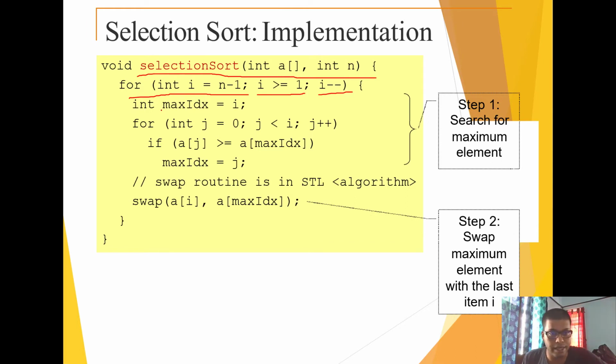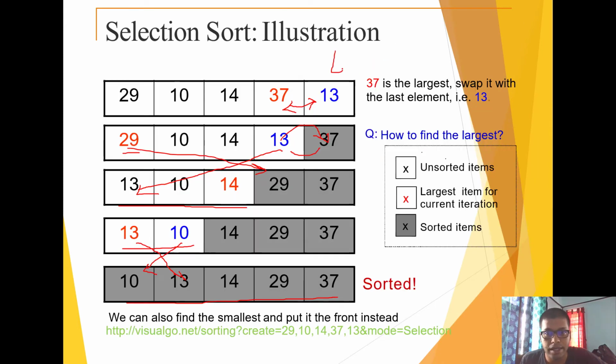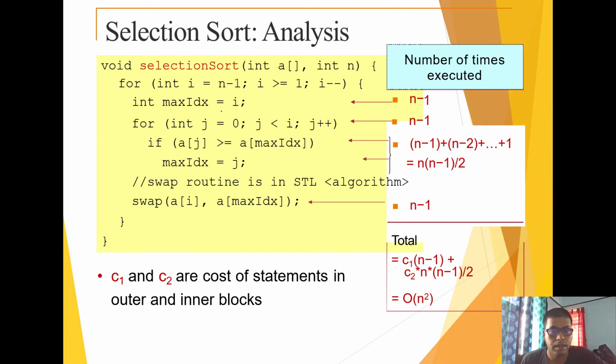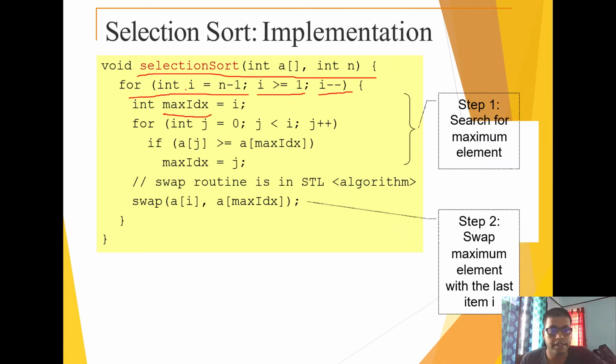Now int maxIdx, so maxIdx is i, so that is 4. So initially in our case, maxIdx equals 4. Now for int j equals 0, j less than i, j less than 4, j plus plus.